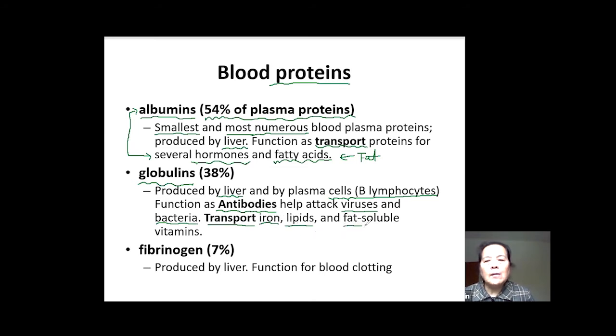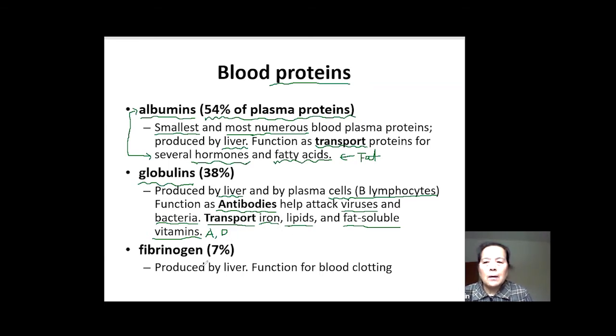And the fat soluble kind of vitamins, like vitamin A, vitamin D. Some of the vitamins are fat soluble. Some of the vitamins, like vitamin C, vitamin B, are water soluble vitamins. So it mainly transports fat soluble vitamins.